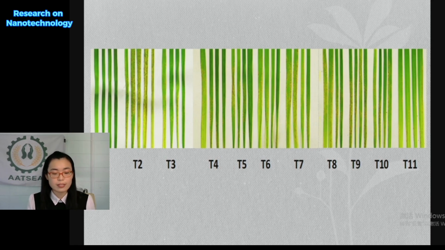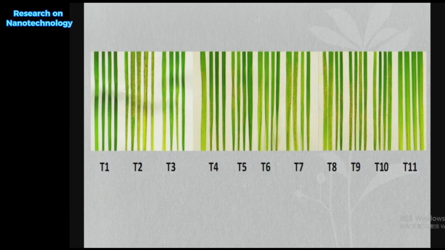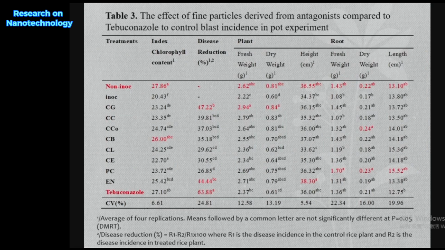You can see the disease index is as high as 8. But treatments 3 to 10 are the ones we treated with different kinds of nanoparticles. The disease index is on average around level 5, but treatment 11 is chemical. Even compared with chemical, our nanoparticles can give high disease control, especially treatment 3, which is nanoparticles CG.